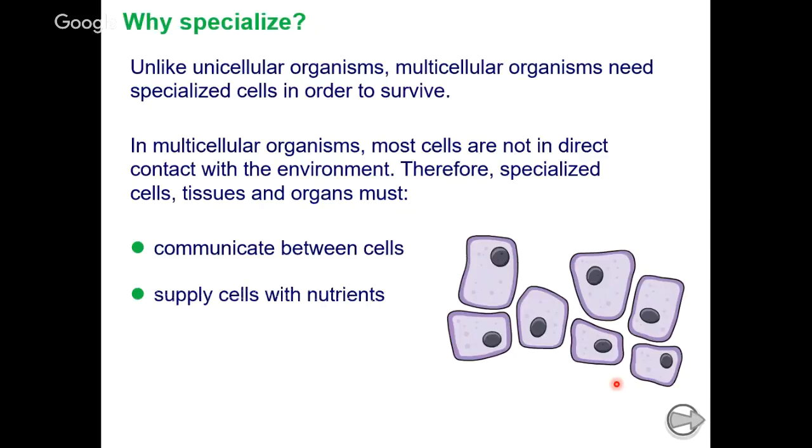So I have to have a nice system of transport, like the blood system, specializing in delivering all those nutrients that I need right inside the body. I'm also going to require communication with other parts of the body.